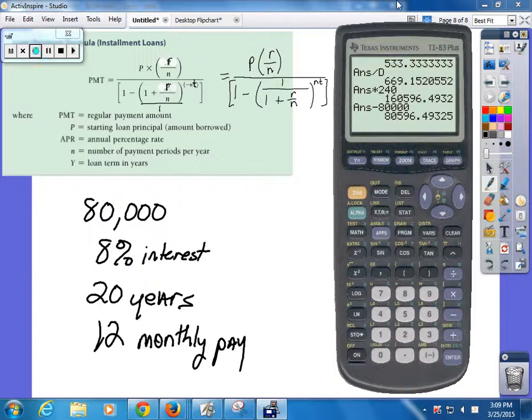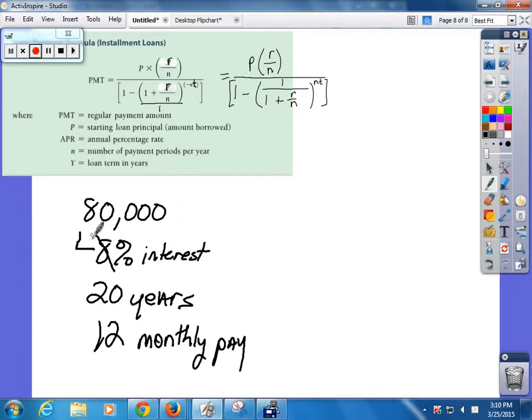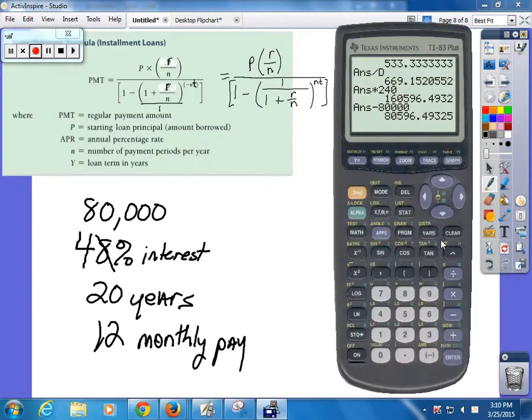Now, what if your credit was good? You got a 4% loan. Well, remember, you paid half. You pretty much paid for 2 houses. What if you was to take this to 4? Let's see what happens. Take your calculator and let's punch it in.